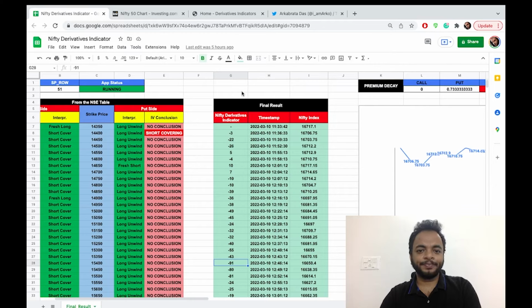So I'll be running it on my system and sharing this Google Sheet in a viewable format with my members, so that they can get live score updates during market hours, and also receive recommendations from my side.